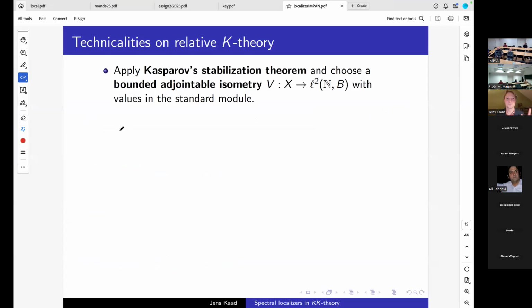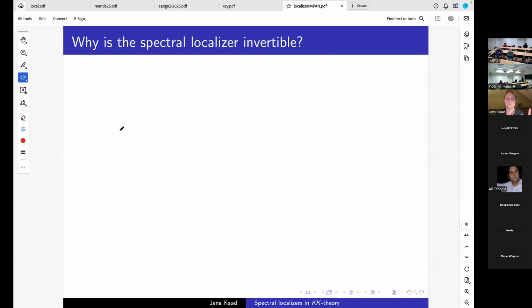So this is about checking that this spectral localizer is actually invertible. You start out with a key estimate. You have this localizing function, and you have your projection, which belongs to the coordinate algebra.